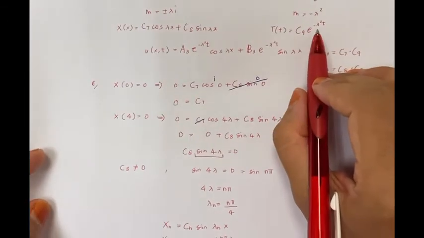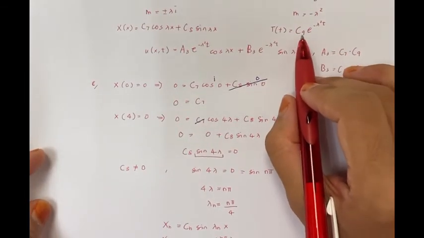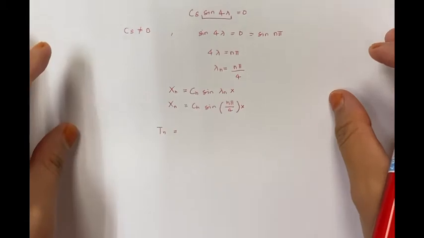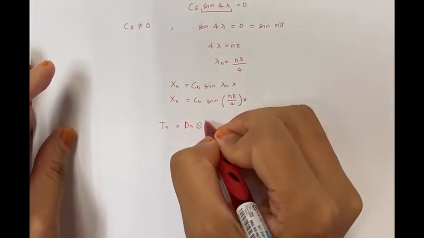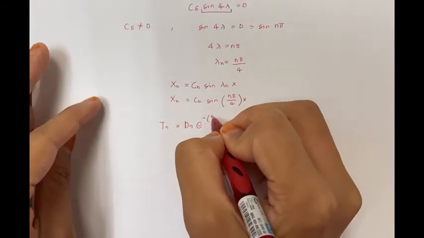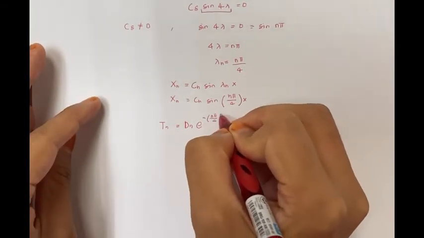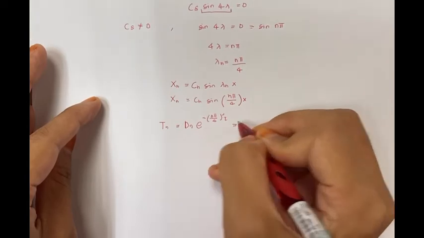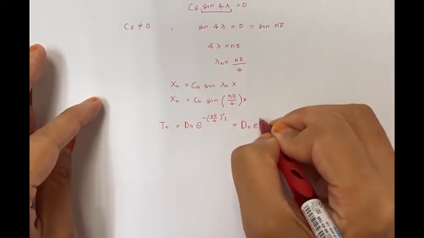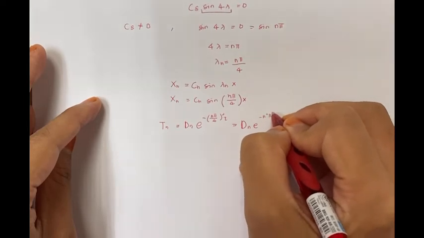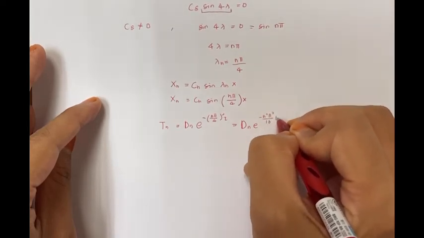Substitute lambda here, and replace this c with Dn. So Tn is equal to Dn exponent negative (n pi over 4) square t. And this is equal to Dn exponent negative n square pi square over 16 t.